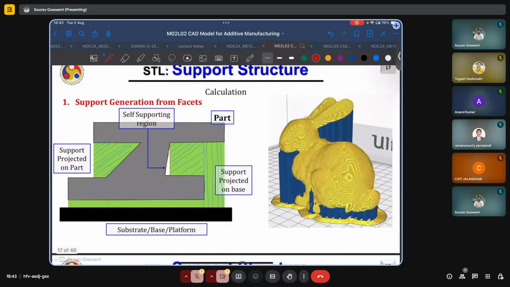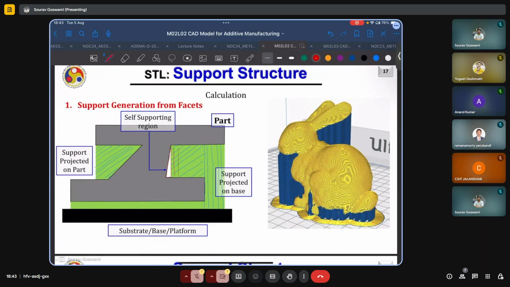Why we need to be careful with support generation and, say, removal of support during post processing is because now these supports are coming in contact with the part also. For instance, here it is coming in contact here. Say if you project these support structures, now they are coming in contact with the part surface.